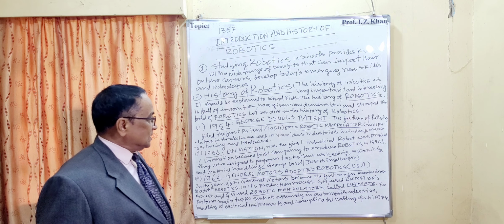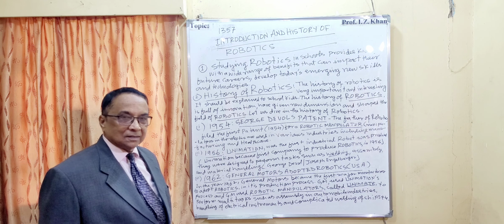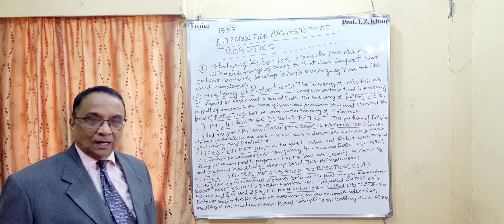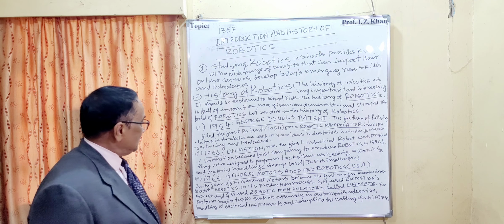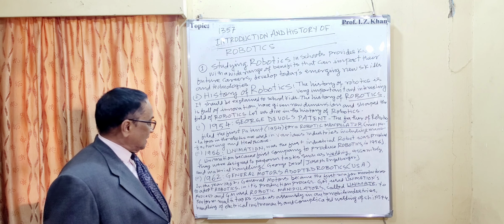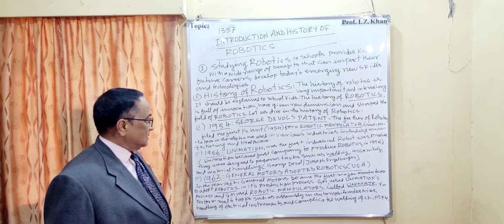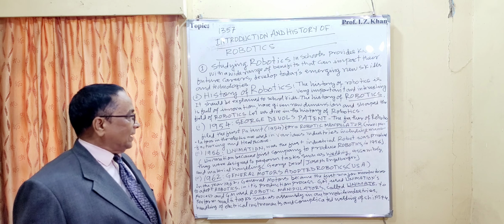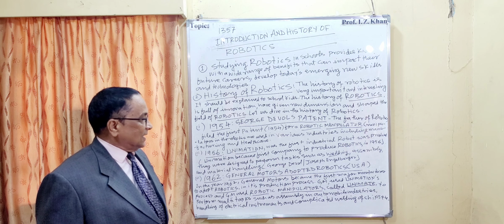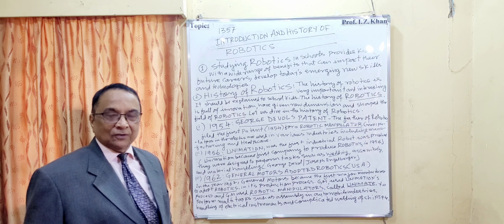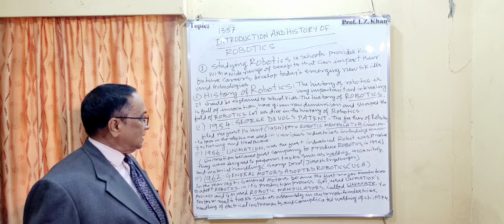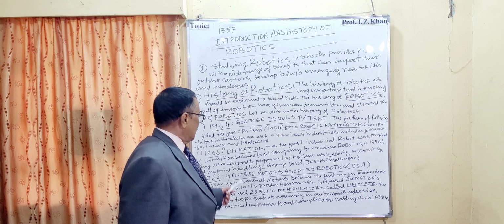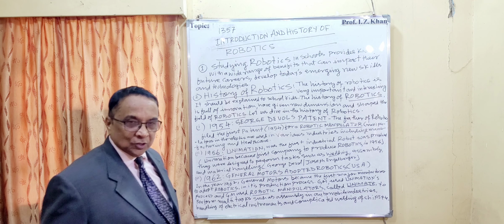These two scientists, George Devol and Joseph Engelberger, jointly worked together to establish this company, Unimation, to produce robotics.